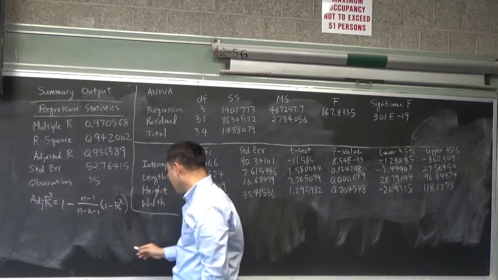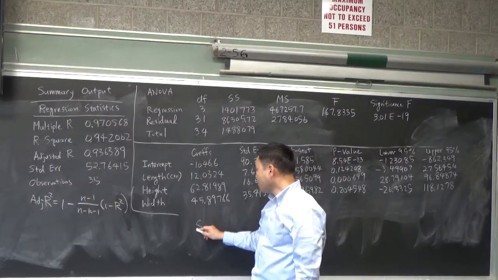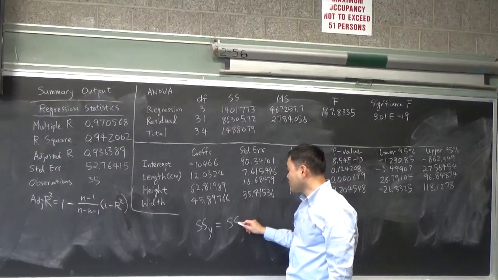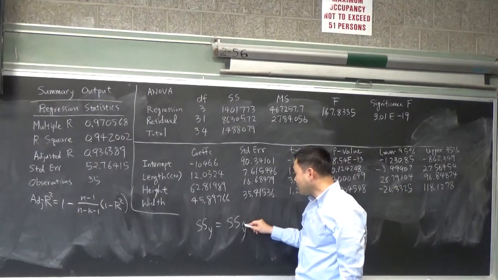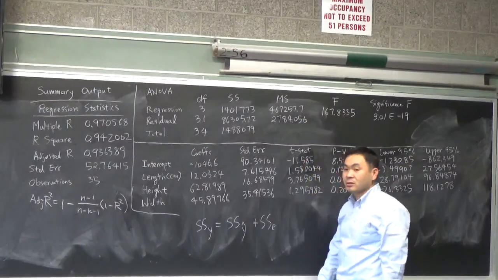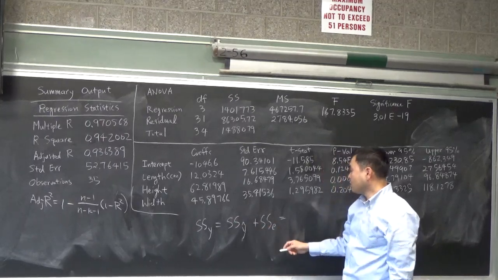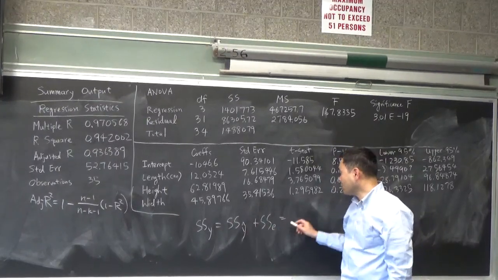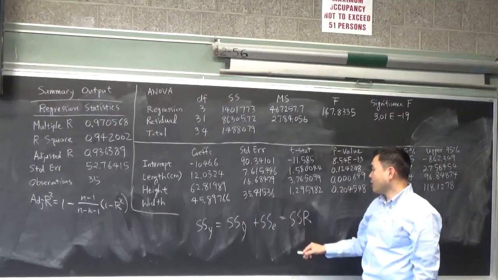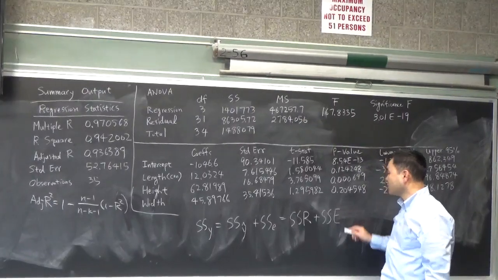I talked about this relationship that the sum of squares of y is the same as the sum of squares of y hat, plus the sum of squares of the error. And there's another name for this one: the sum of squares of the regression. And this one is the sum of squares of the error. That's how people write it.